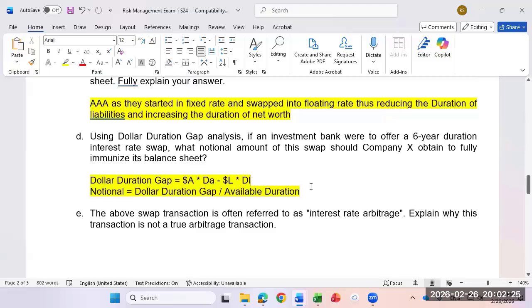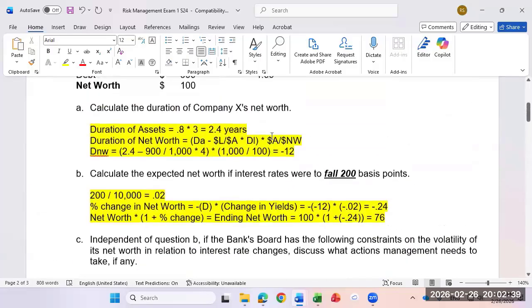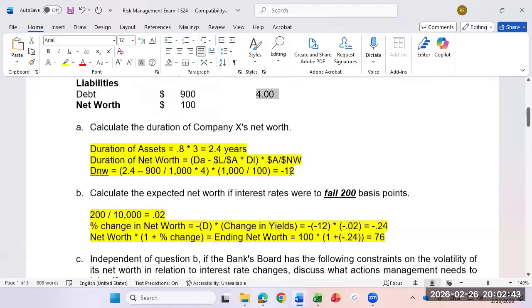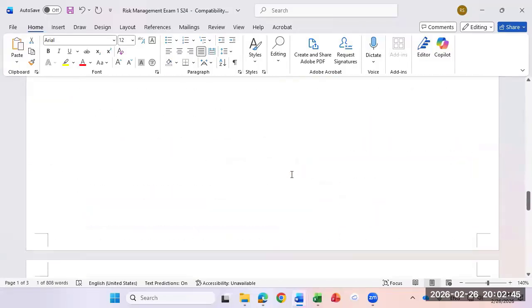So let's try this question. The dollar amount of assets was 1,000. The duration of assets was 2.4. The dollar amount of liabilities was 900. The duration of liabilities, I think, was 4.